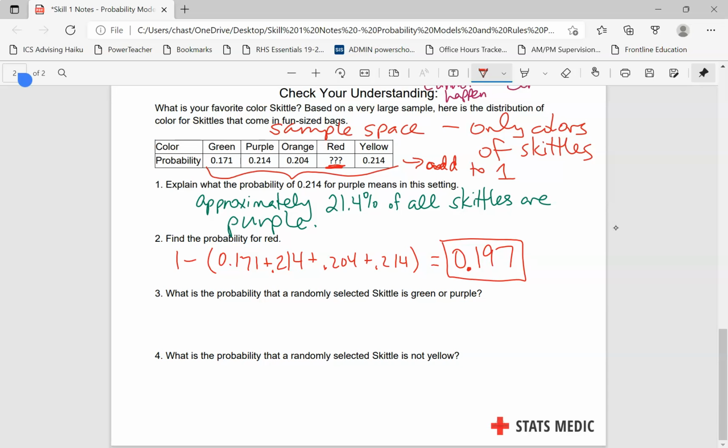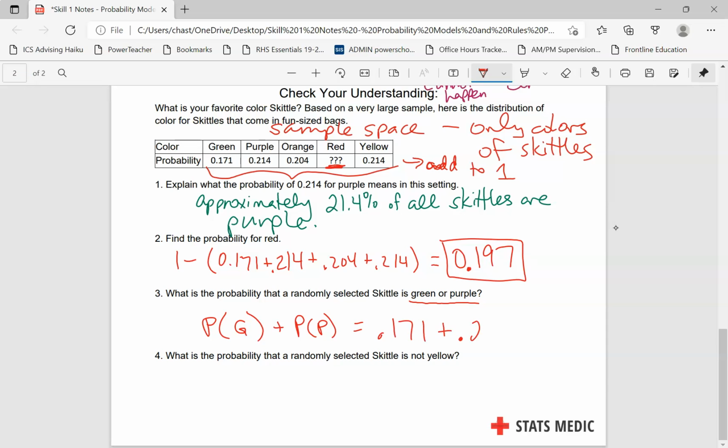What's the probability that a randomly selected Skittle is green or purple? Since a Skittle cannot be both green and purple, so you can't have a green Skittle also be a purple Skittle, we can just do this as probability of green plus probability of purple. Probability of green is 0.171.